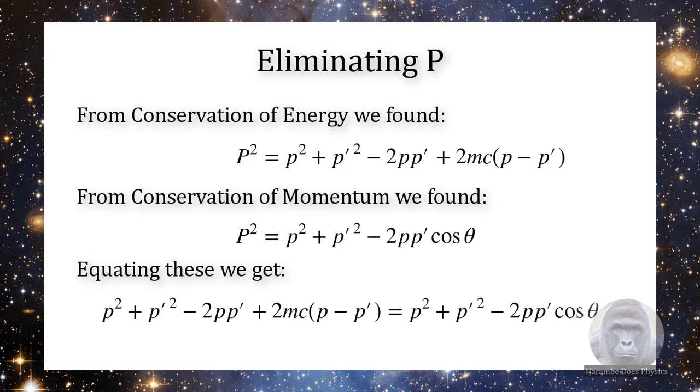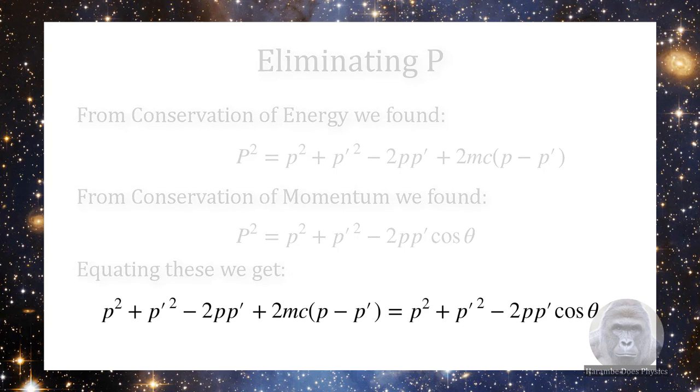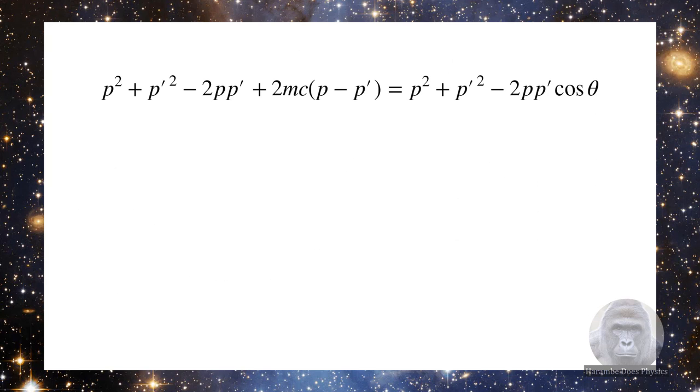Equating these expressions, we can cancel p squared and p prime squared from both sides and eliminate a constant by dividing through by 1/2. Rearranging gives us the expression mc times the quantity p minus p prime equals p p prime minus p p prime cosine theta.